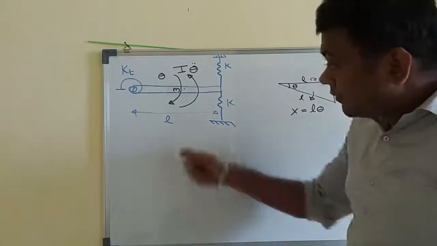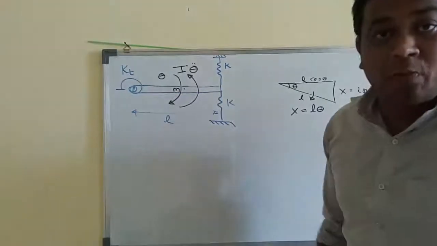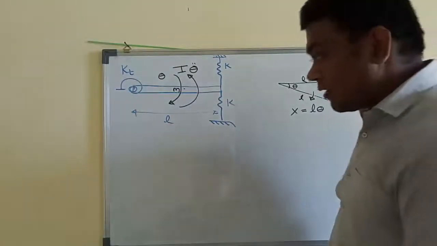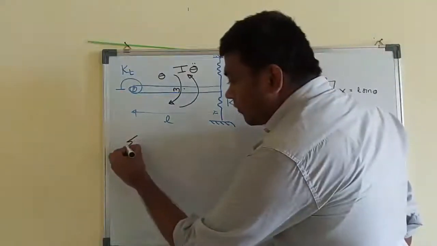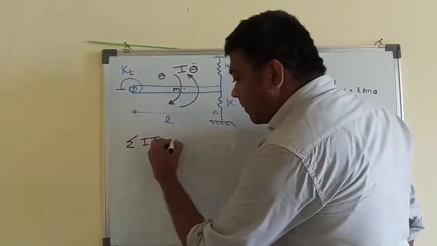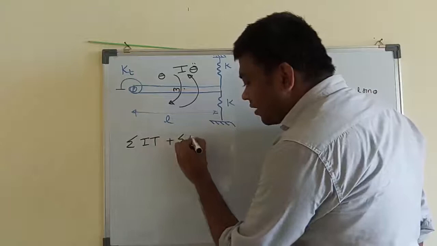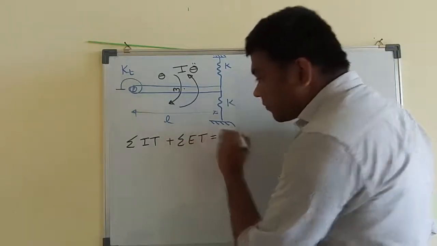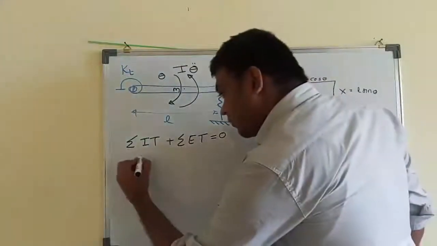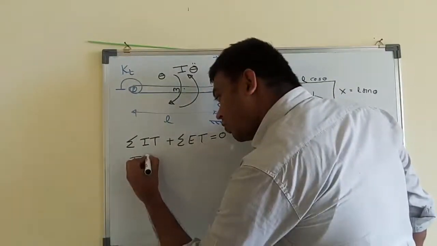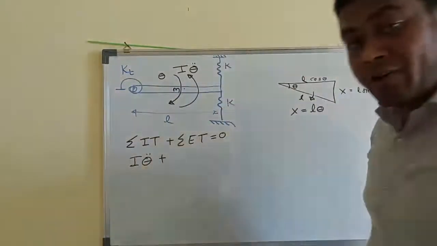Why? Because in this numerical we have to apply D'Alembert's principle. D'Alembert's principle states that the summation of the inertia torque plus the summation of the external torque equals 0. The inertia torque is I theta double dot. What is the external torque?